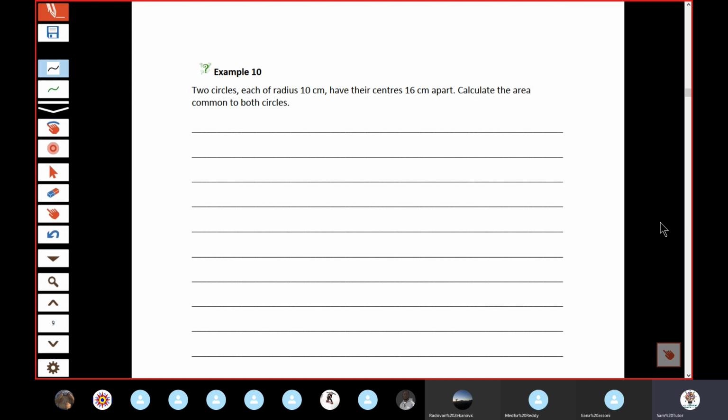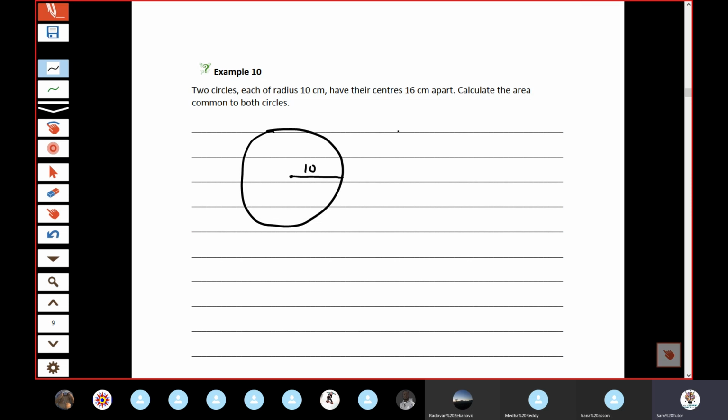Example 10. Two circles, each of radius 10, have their centers 16 centimeters apart. Calculate the area common to both circles. Okay, hold on. Centers 16 centimeters apart. So the radius of this is 10. The radius of the next one is 10, but the centers are only 16 centimeters apart.